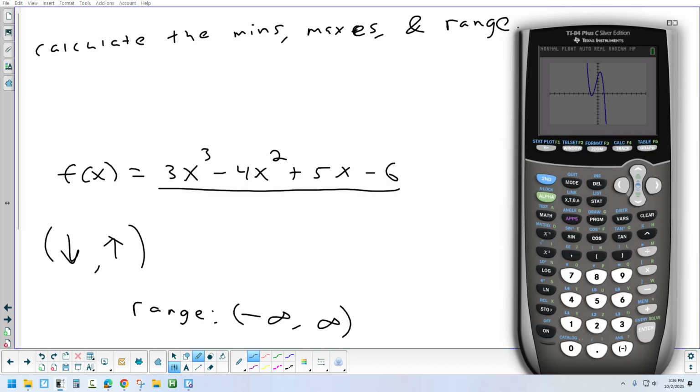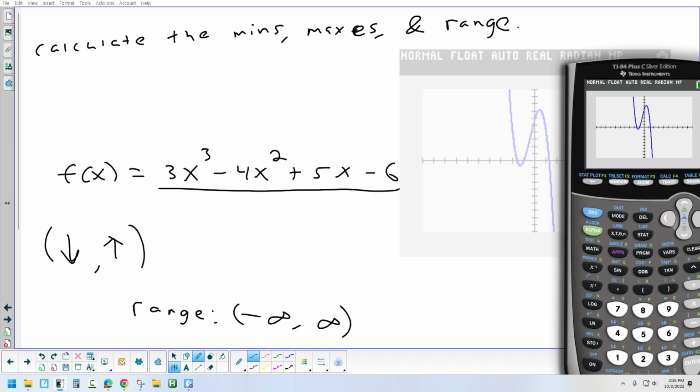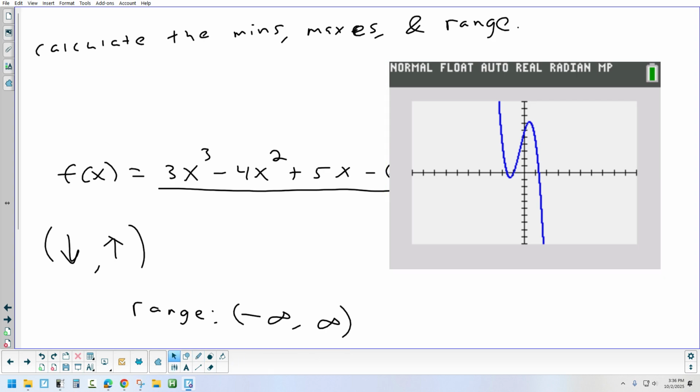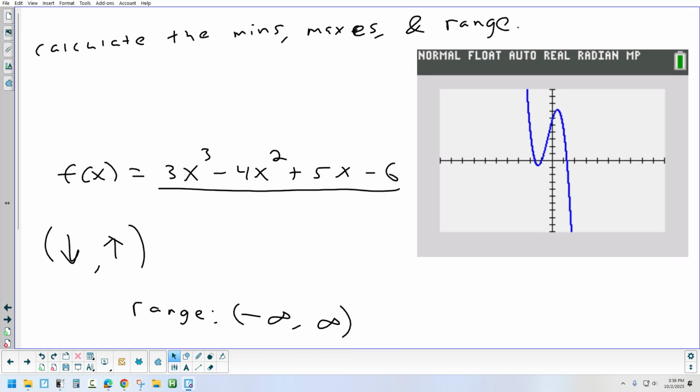Okay. So first step would be to type that in, which we already have. We'll graph it. Okay, we've got our window. Now we have to find the mins and maxes. How many local extrema does that function have? Two.